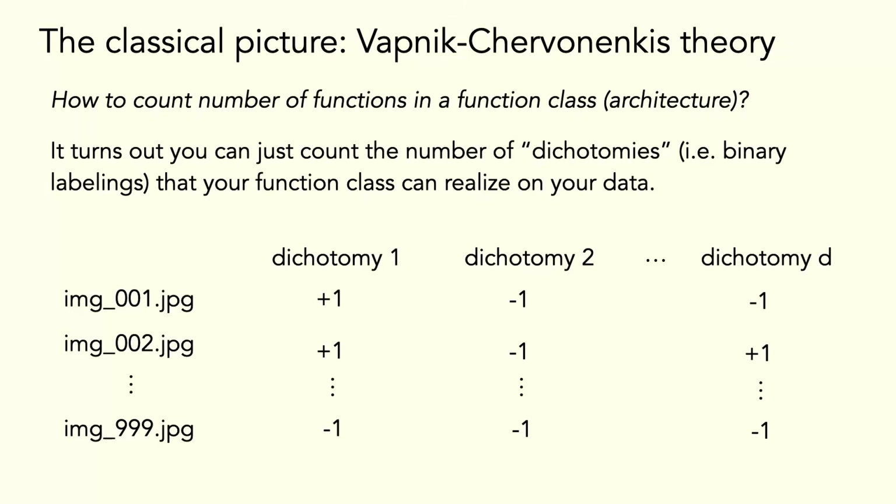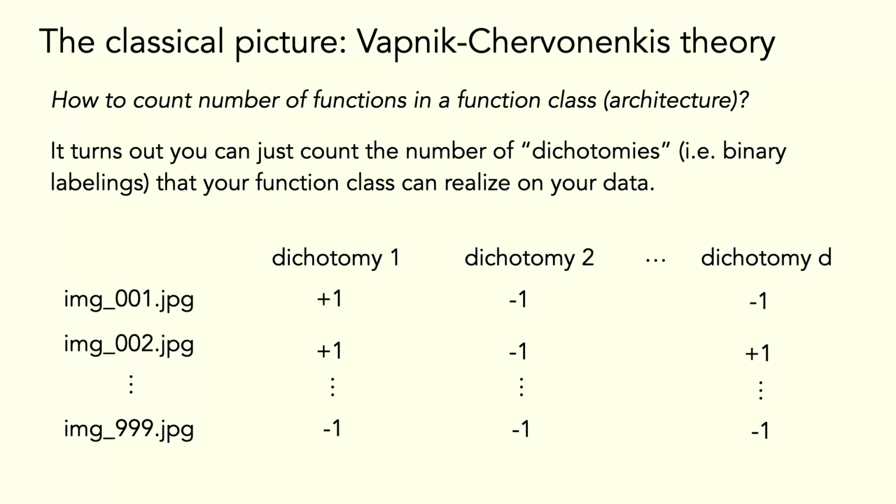So the simple version of this is I'm going to assume that my function is outputting a binary output. So it's going to output -1 or 1. So it's like binary classifications of my data. These are called dichotomies. Let's say I'm doing an image classification system.